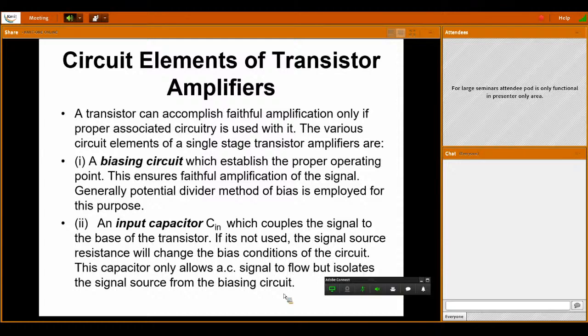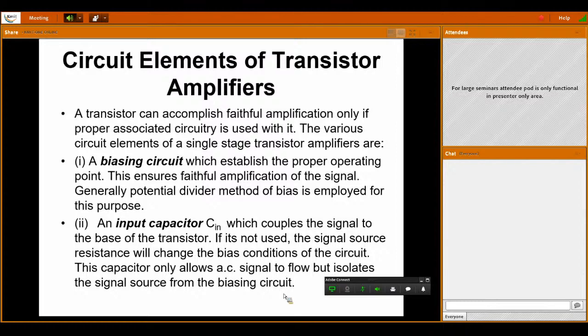A transistor can give faithful amplification without distortion. The output we can obtain by connecting the amplifier using a proper biasing circuit, as well as some circuit elements, in order to function like a single stage transistor amplifier.